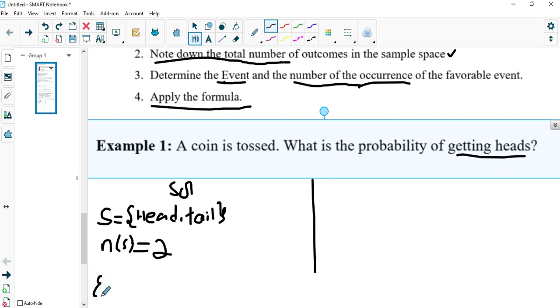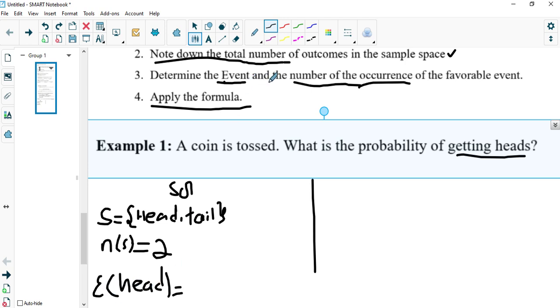So the event we are looking at here is of getting a head. So that's the first part. Determine the event. Our event is to get a head.